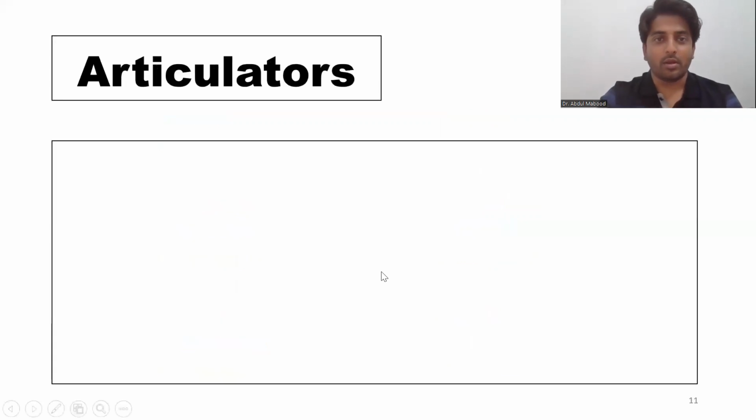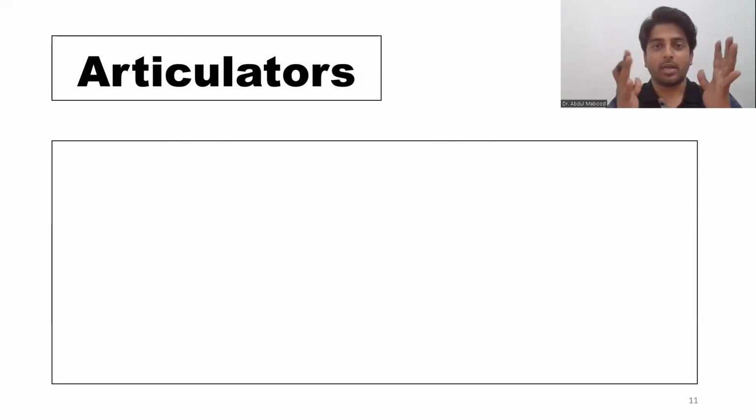Now this is a related thing here: articulators. Now, what is an articulator, or what are articulators? This is also important because when we produce sounds, we need some clash, some friction, and then sounds are produced, right?